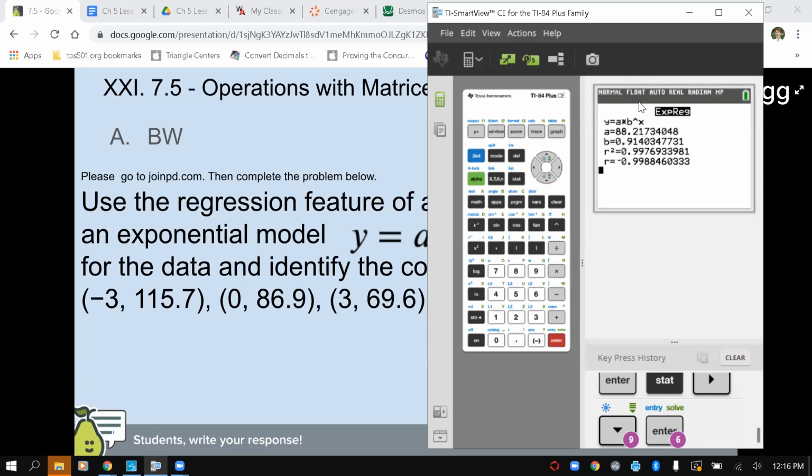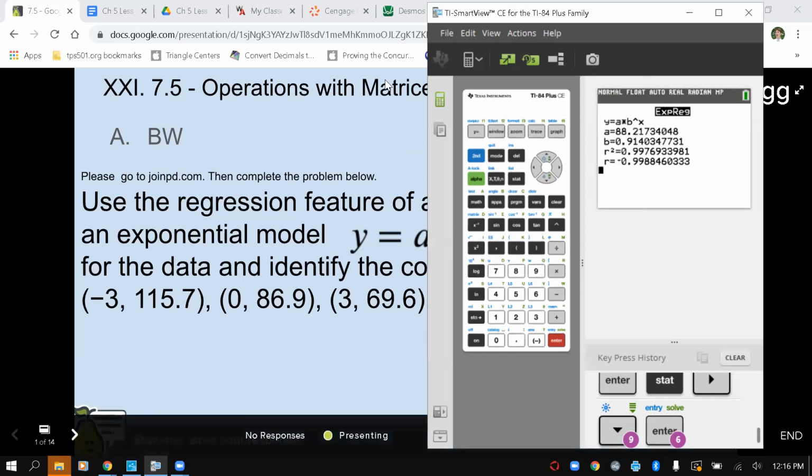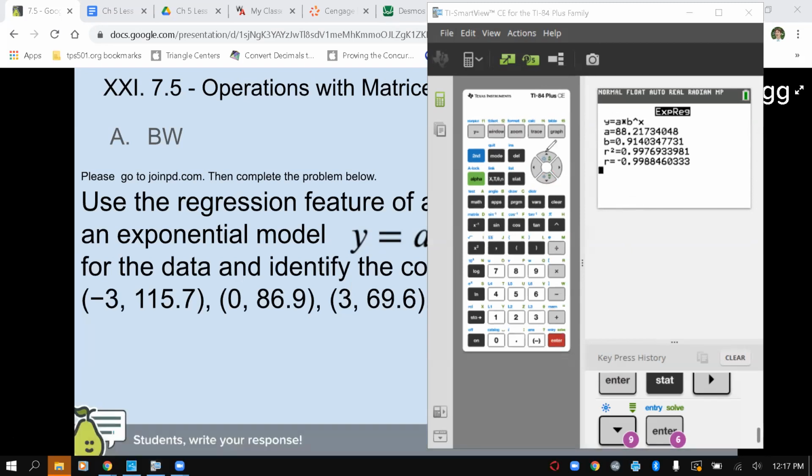So y equals a times b to the x. That's the model I'm trying to find. The value for a is 88.217. The value for b is 0.914. And its correlation coefficient, r squared, is 0.998 if you round, which is extremely good.